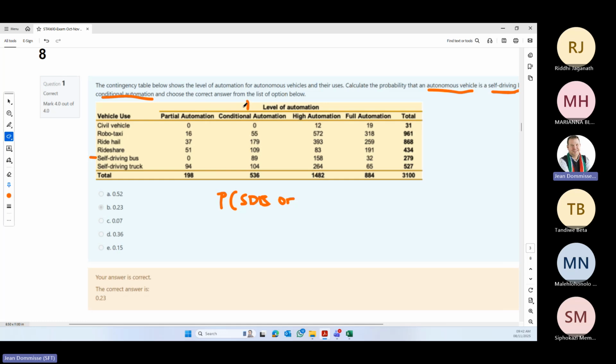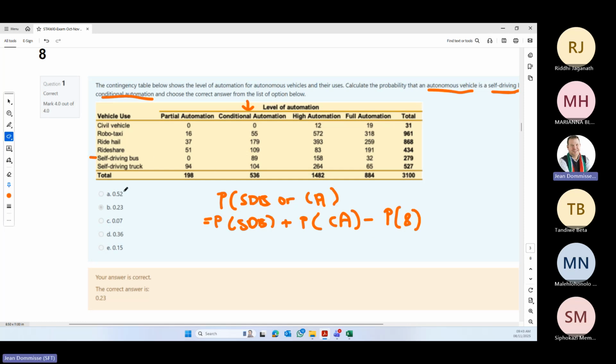Let's just write probability self-driving bus, because there's two self-driving, so as not to be caught out with that. And so that will normally be the probability of self-driving bus plus the probability of conditional automation, minus the probability of those two together.